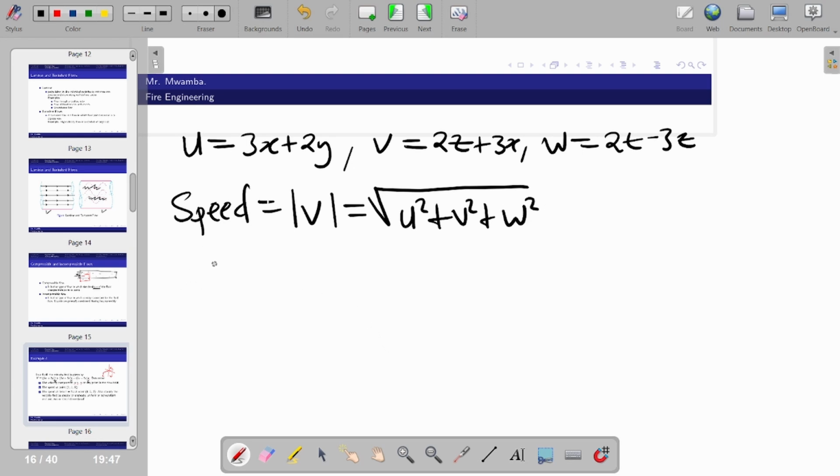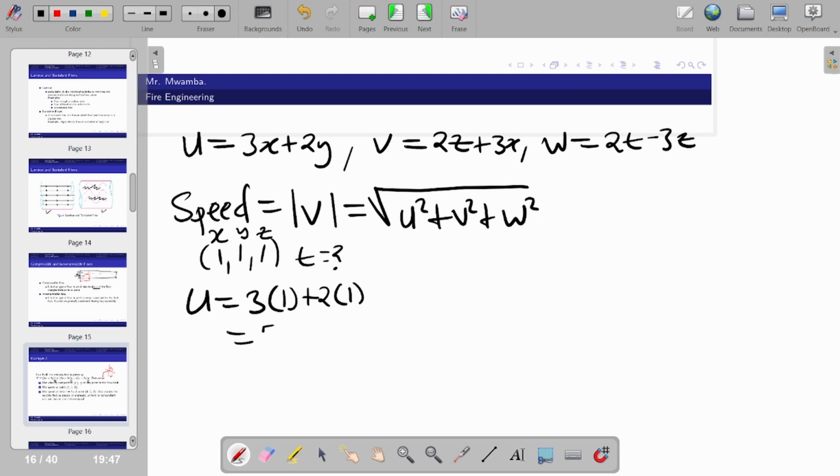And then this is the speed at 1, 1, 1. We don't know what the value of t is. So let's find u at 1, 1, 1. We substitute where there is x. This is x, y and z. We don't have t. So where there is x, we put 1, plus 2, where there is y, we put 1.